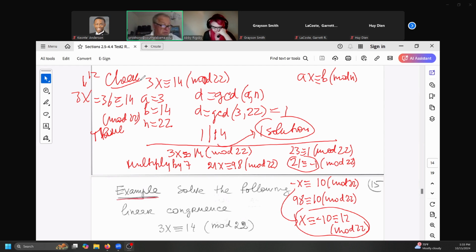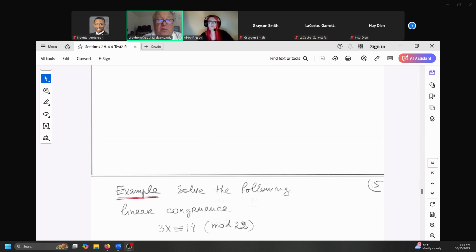Okay, let's do one more problem like that. Then I'll show you when we have more solutions. I'll write something simple. Let's do 5x is congruent to 7 modulo 9.